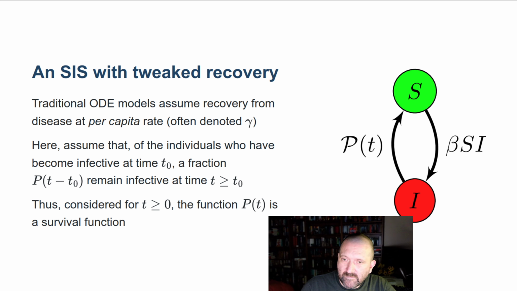So I'm going to look at individuals as they come into the I compartment, and for each cohort, for all the different t0s that are going to happen, I'm going to say that P of t minus t0 is still alive in the I compartment, so it's still infectious that time later.